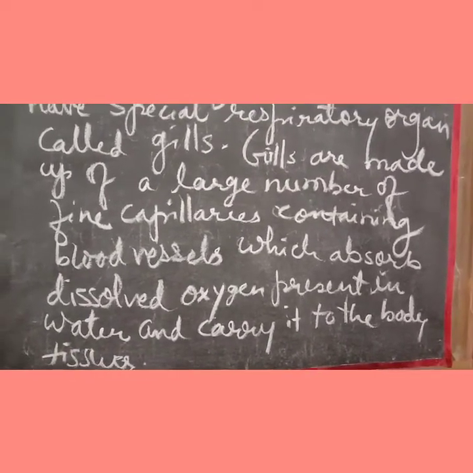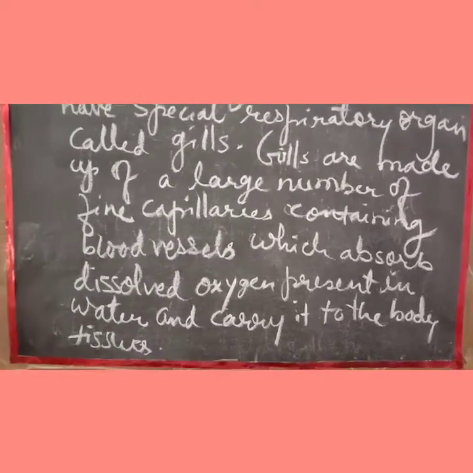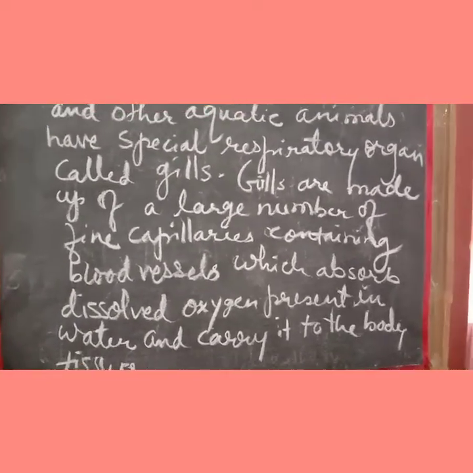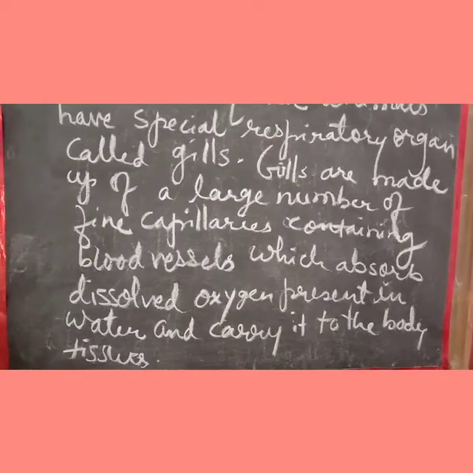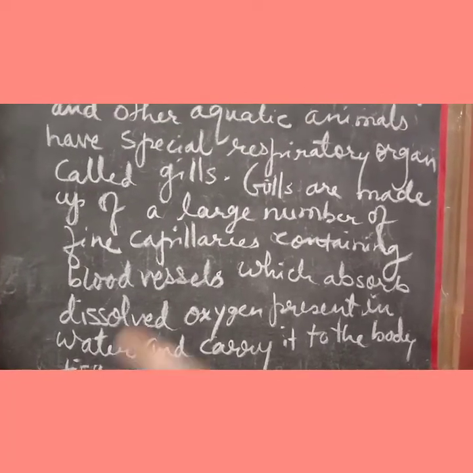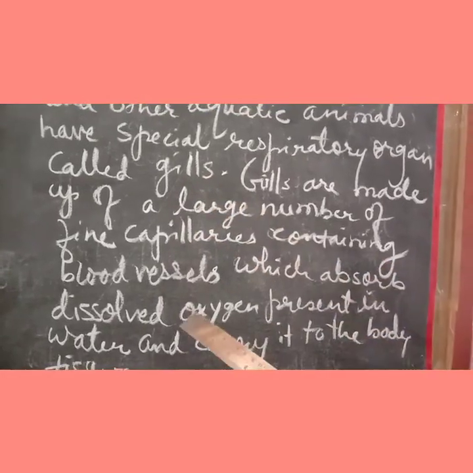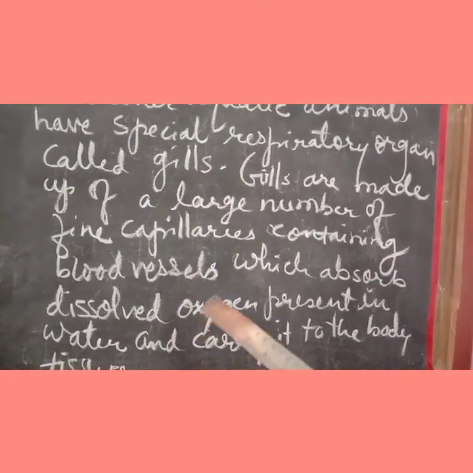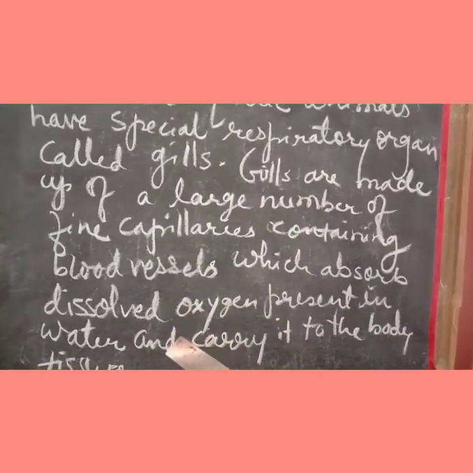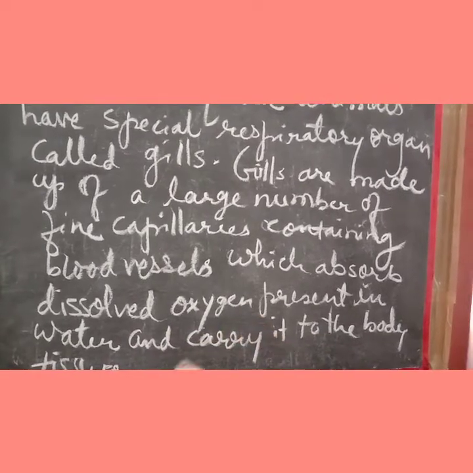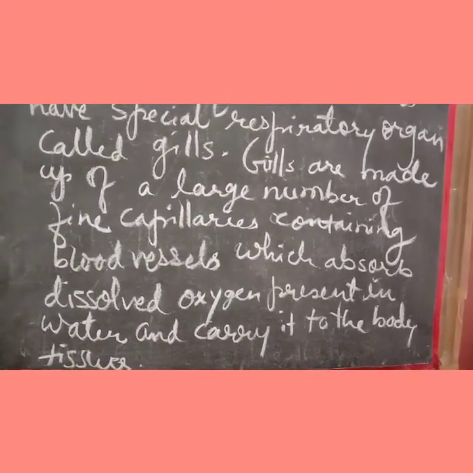You must have seen fish opening and closing its mouth alternatively. As soon as water enters into the mouth and passes over the gills, oxygen which is dissolved in the water is absorbed over there, and finally it is carried to the body tissues.